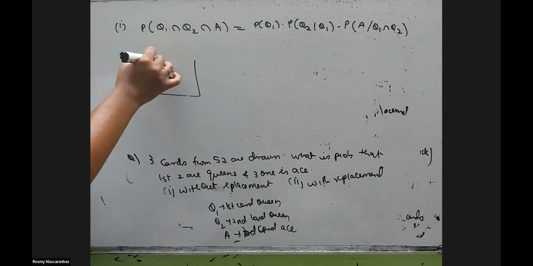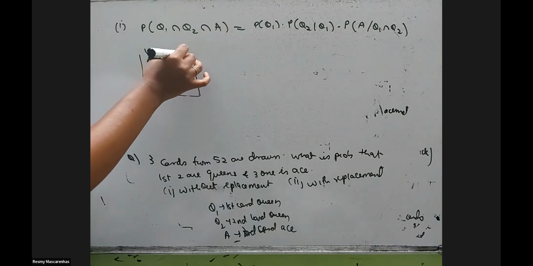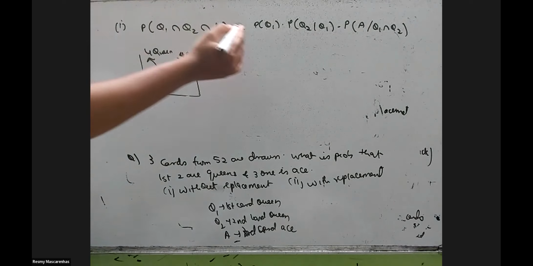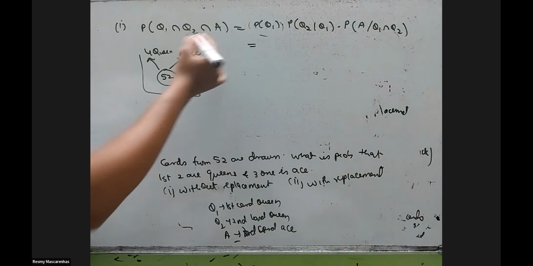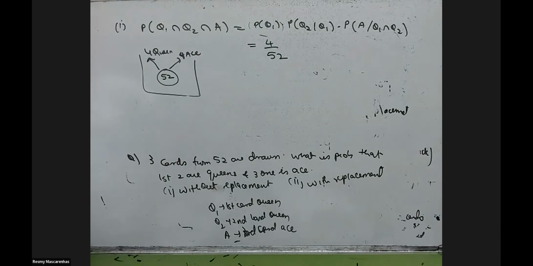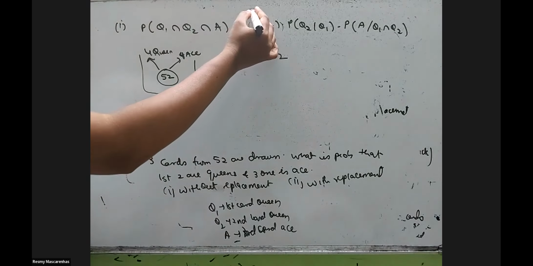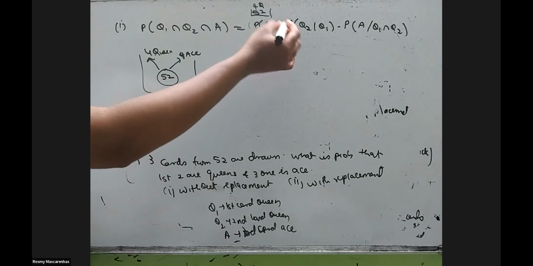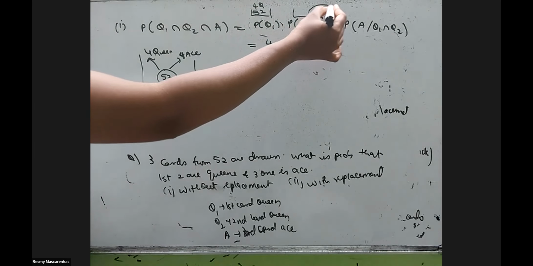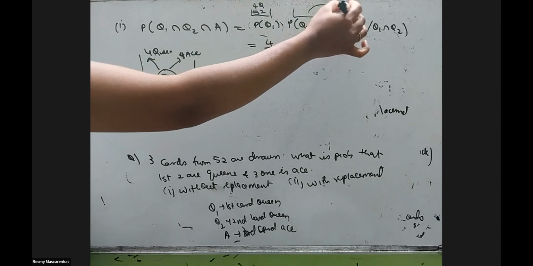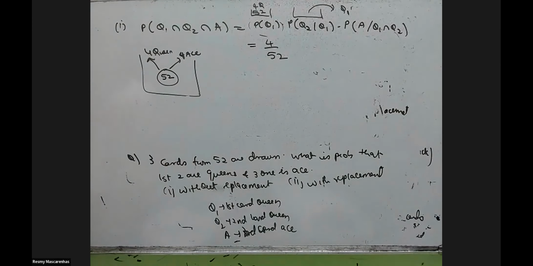Out of 52, there are 4 queens, 4 aces. So the first time I want a queen. Probability of queen is 4 out of 52. Now for the second time, I am assuming that the first one, Q1, is gone out.